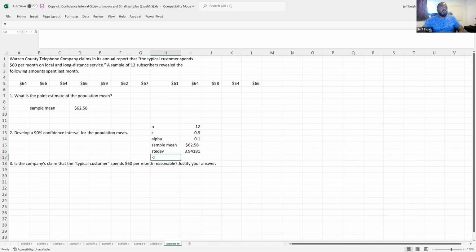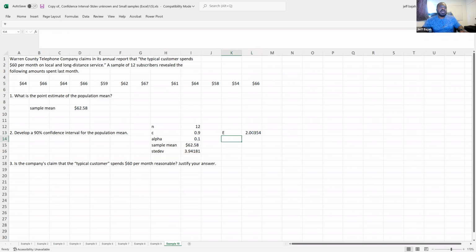And so we have our values here, right? And we know that since we don't have a population standard deviation and our sample size is 12, less than 30, we're going to use a t-stat. So that'll be equal to confidence T, we'll select our alpha, we'll select our standard deviation, and we'll select our size.